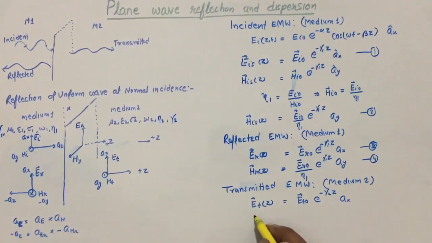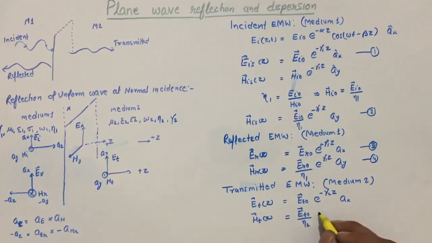Now the H component of the transmitted wave can be written as E transmitted divided by impedance 2 e to the power.